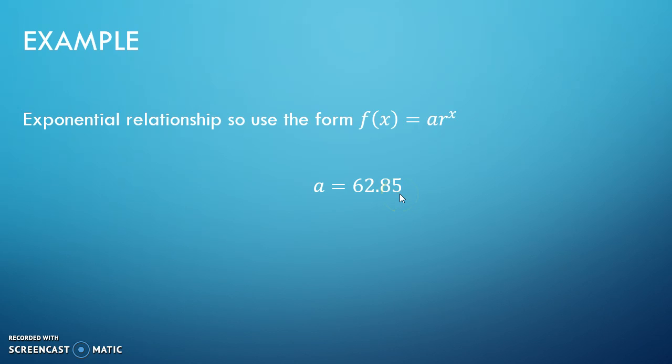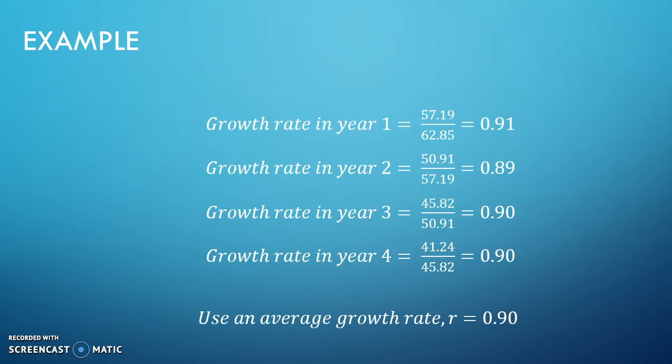Now for our growth rate, we're going to see how much it changes each trial. After the first trial, she's gone from 62.85 to 57.19. So that gives us a growth rate of 0.91.